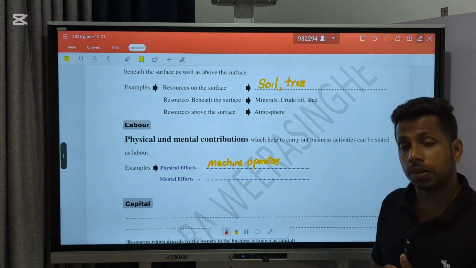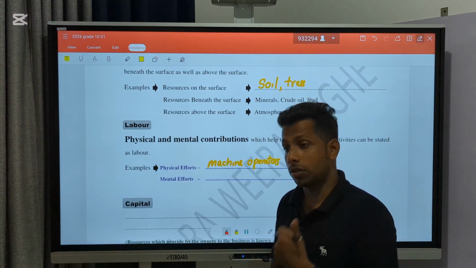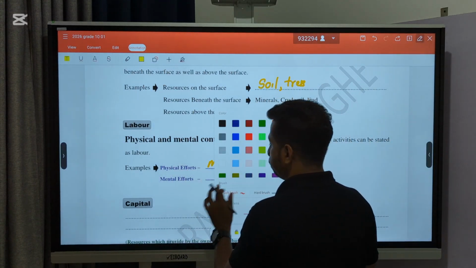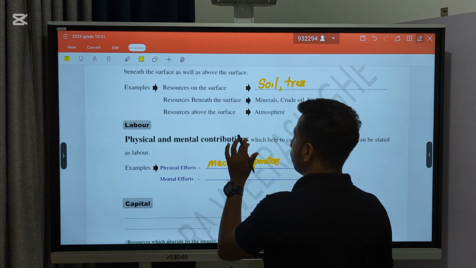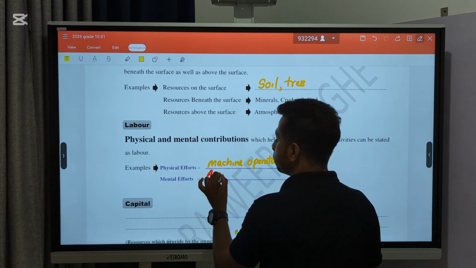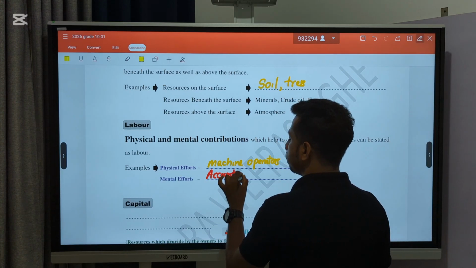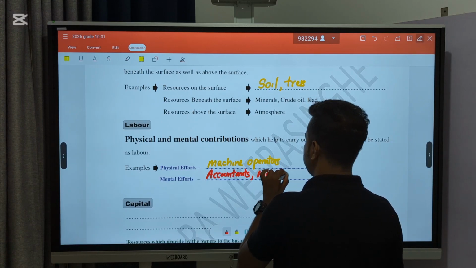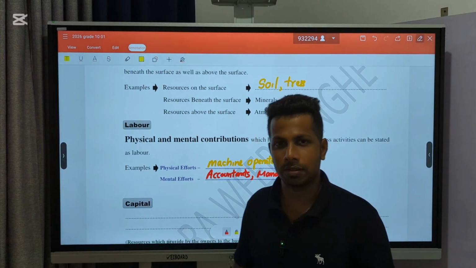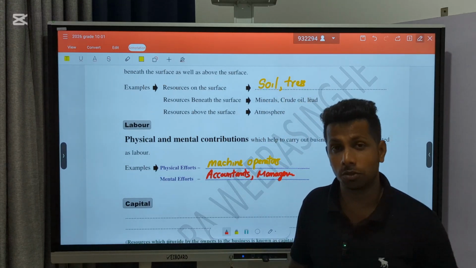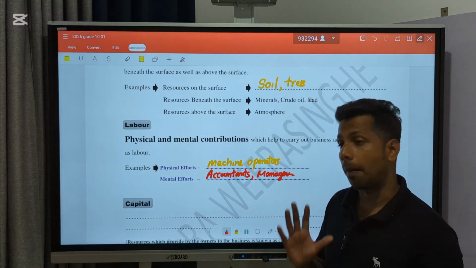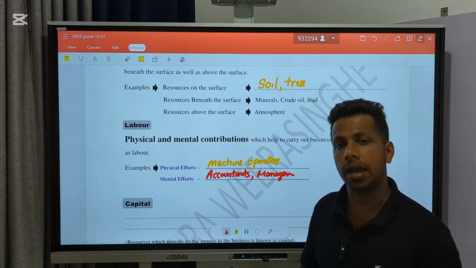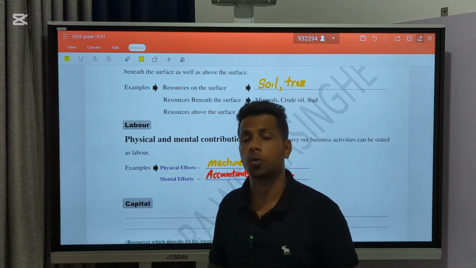Okay, as example for the ones who put mental efforts, ones who contribute mentally, you can mention here, dear children, accountants, managers, top managers, senior managers, right? So this is a certain physical contribution. So mainly some individuals contribute physically, and some contribute mentally as well, right?